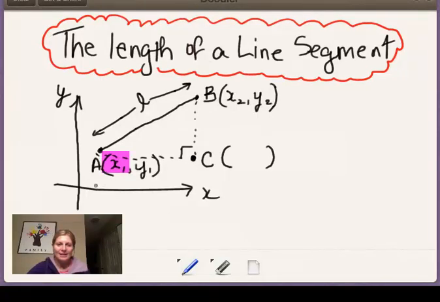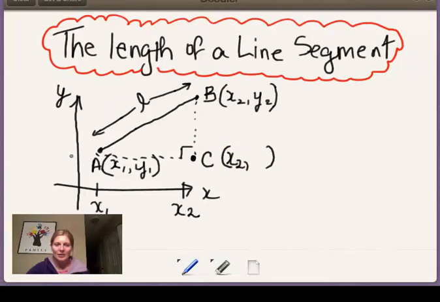So this is x1 on my x-axis, and this is x2 on my x-axis. Which one matches up with C? Well, x2. So C has the same x value as B. So C is going to be x2.